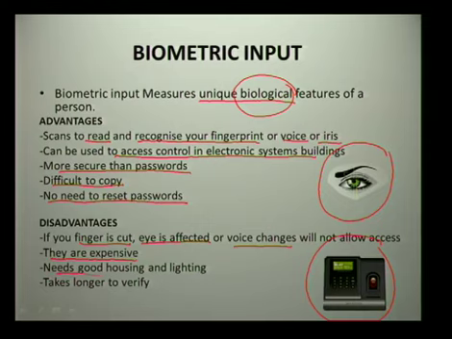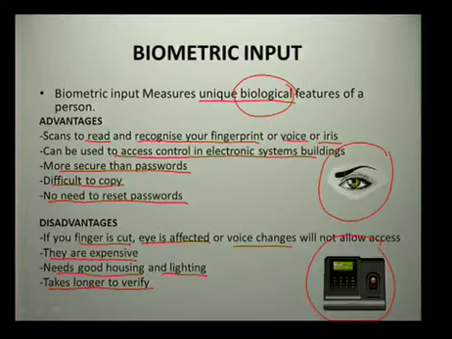It needs good housing as well as lighting. It means the actual device where this is built has to be in good condition, with better hardware that can handle this feature. It takes longer to verify, so it's not as easy as just quickly typing your password.